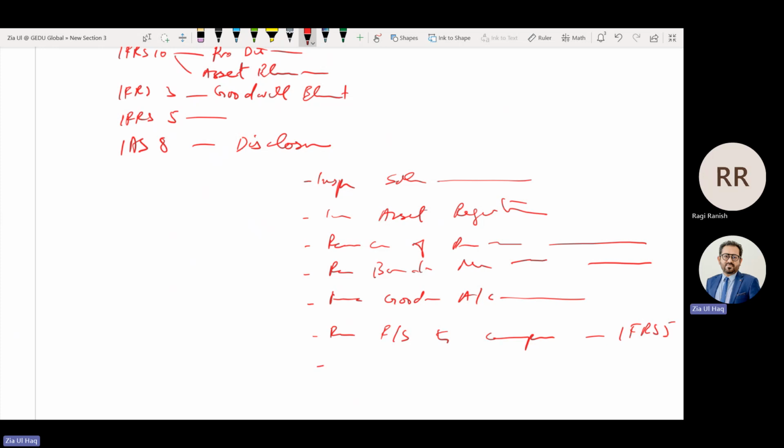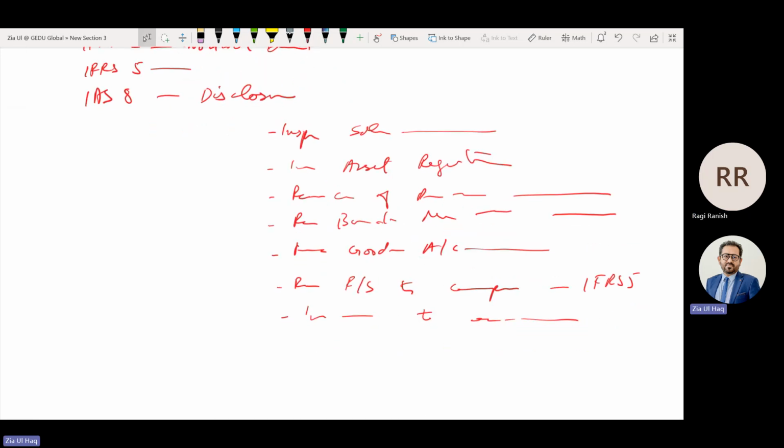What else? Inspect asset register to verify elimination of assets relating to disposal group, and then result apportionment pre-post disposal. So what you will do, inspect the working of the result apportionment to verify only pre-disposal results have been consolidated.